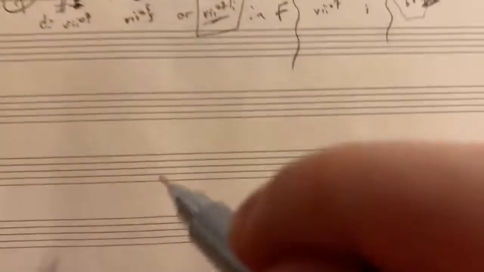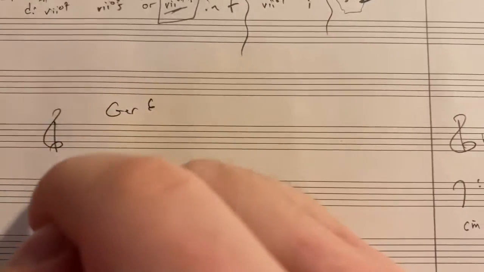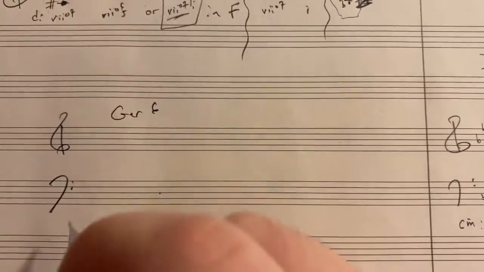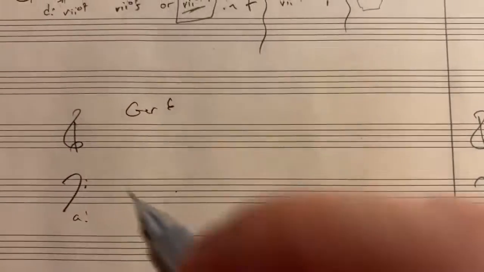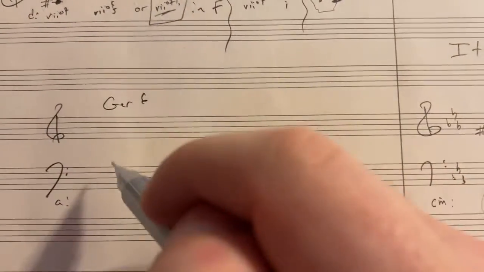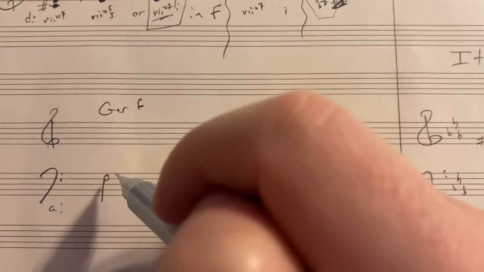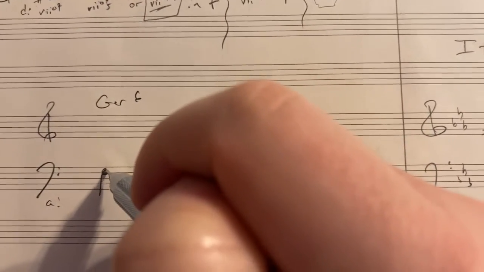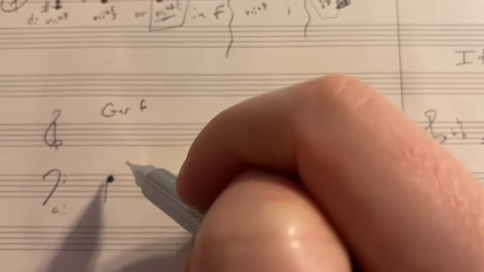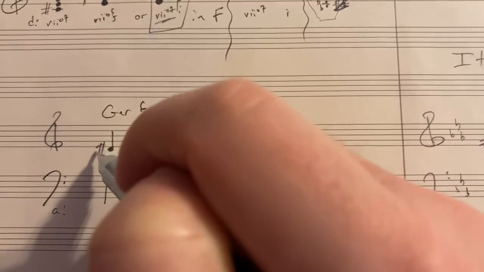The other type is the German 6th, which we've touched on, but I'm gonna say it again. Let's imagine we're in A minor, just to have a break. We're gonna find our German 6th. The 5th scale degree would be E. Just above E would be F. Just below E would be D sharp. Why not E flat?